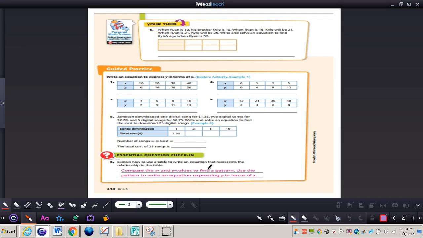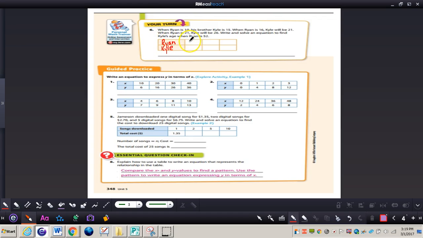So we need to analyze this information. So we know we're talking about Ryan's age compared to Kyle's age. And then we need to figure out the relationship that we see. So since we're dealing, first of all, with Ryan, we'll write Ryan at the top and also Kyle underneath. Okay, we know that Ryan is the independent variable, Kyle is the dependent variable.